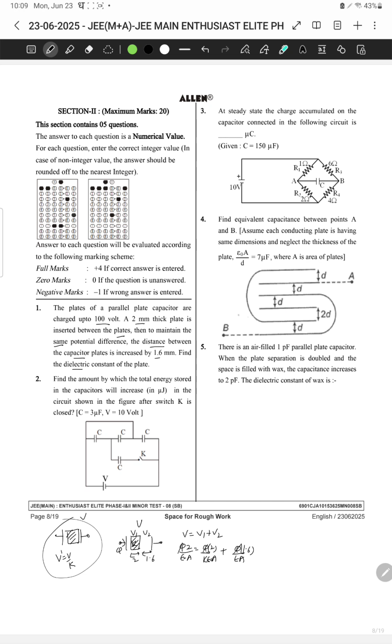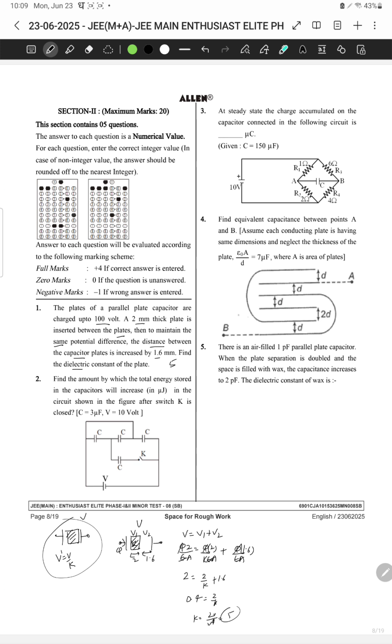So Q cancels, epsilon naught cancels. So 2 is equal to 2 by K plus 1.6. So 0.4 equals 2 by K. So K is equal to 2 by 0.4, which makes it 5. So the answer is 5 here.